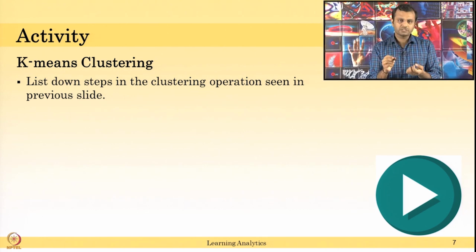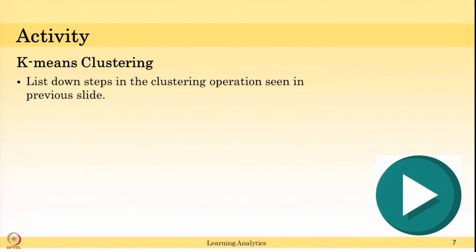In your own words, the first point is to randomly assign K clusters, 1 or 2 or 3, then you do the Euclidean distance and move the centroid. So, write down how you move the centroids, write down those steps. After writing it down, resume the video to continue.